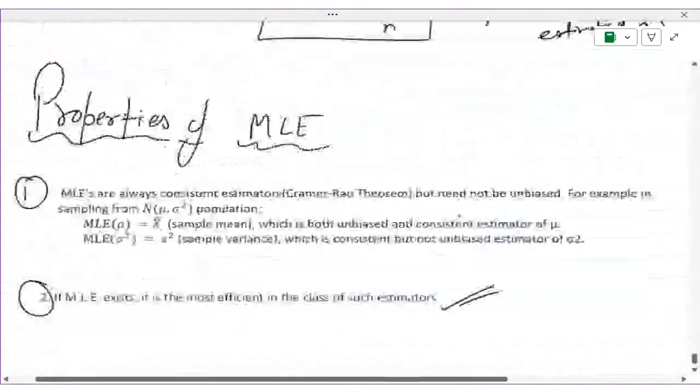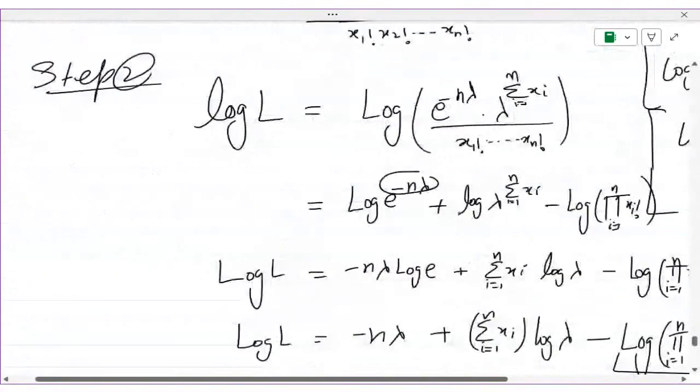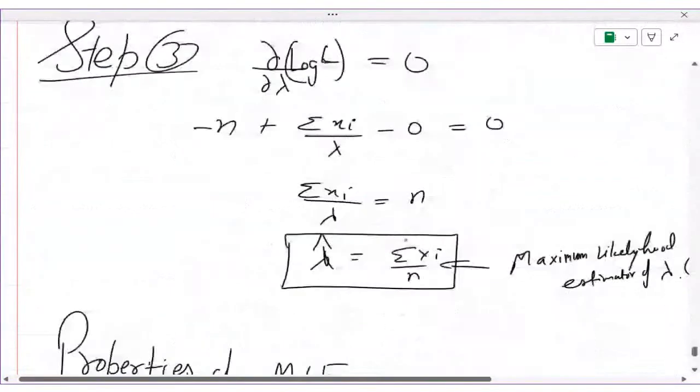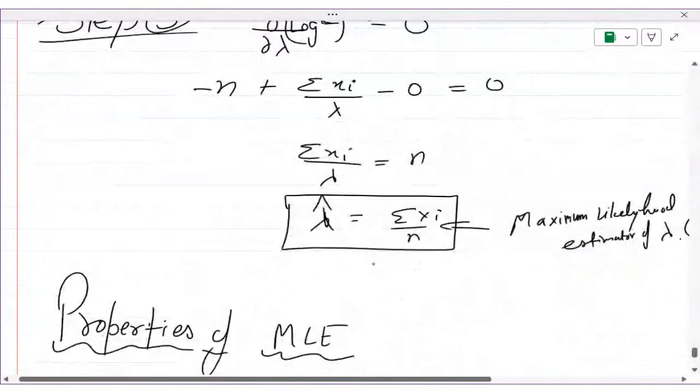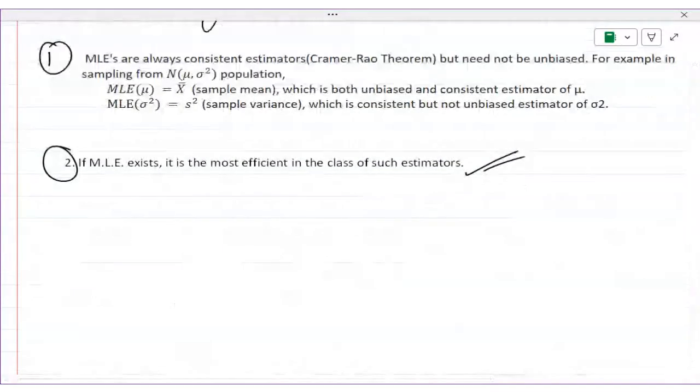For example, in the Poisson distribution, the MLE or maximum likelihood estimator of lambda was the sample mean. So we can say the sample mean will be the most efficient for the Poisson distribution. Okay, so this is the second property. Is there any doubt?